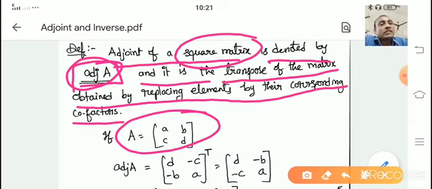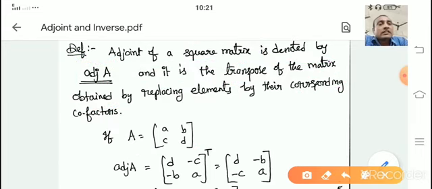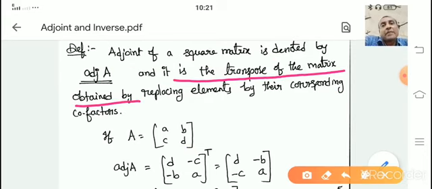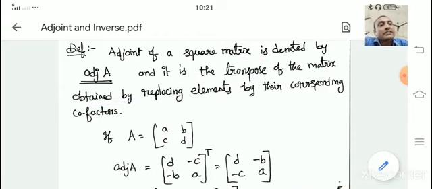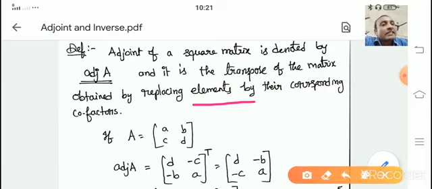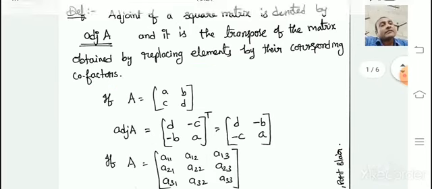Adjoint is the transpose of the matrix obtained by replacing elements. A, B, C, D, like that elements are there, right? We should replace those elements by their corresponding cofactors. Like for example, if I am taking one example here, A, B, C, D.